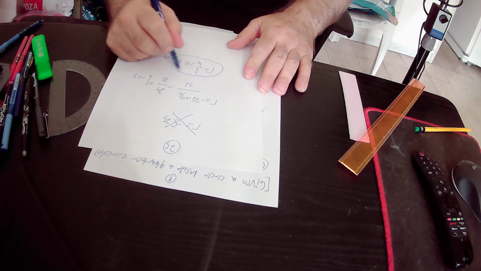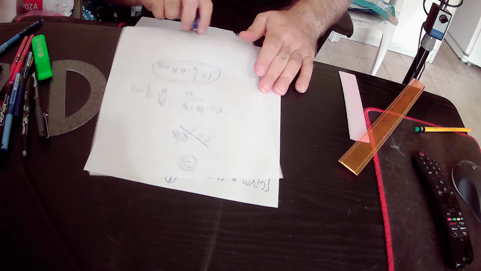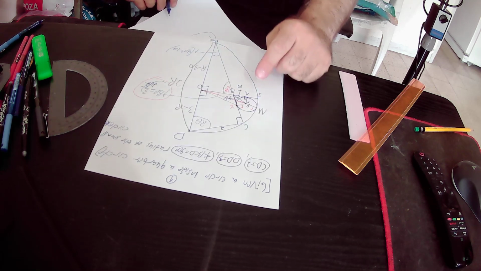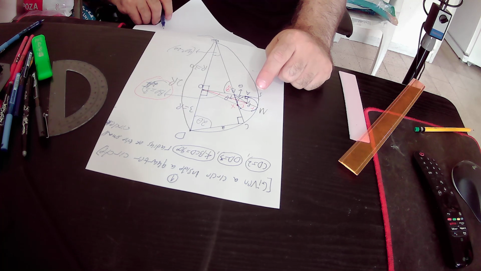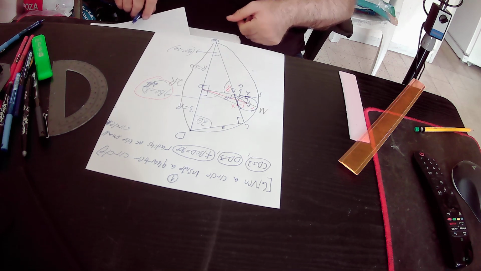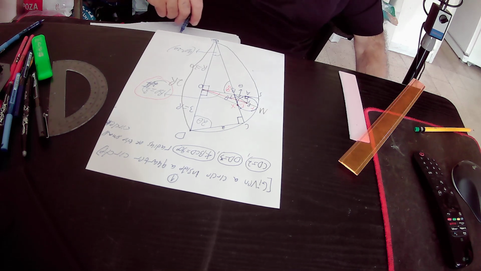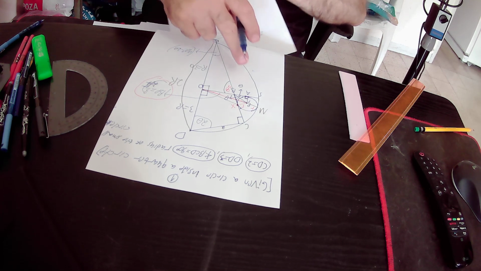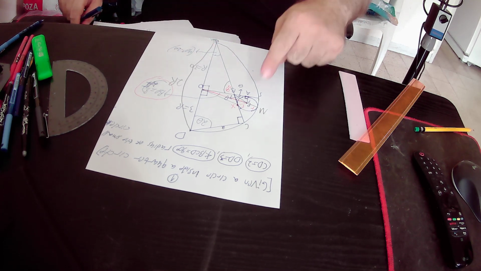Okay, so the radius of this circle equals 3/4 units, so 0.75 units. Okay, so now I will summarize the lecture. We wanted to find the radius of this small circle.